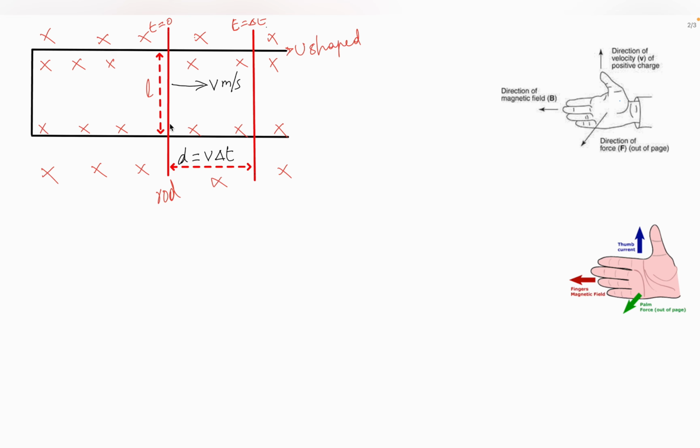Because the rod is moving to the right, as we can see, initially the closed loop was within this A, B, C, D only, that much area. But in the new position, by the time the rod has moved all the way from here to there, the area of this A, B, C, D was increasing.